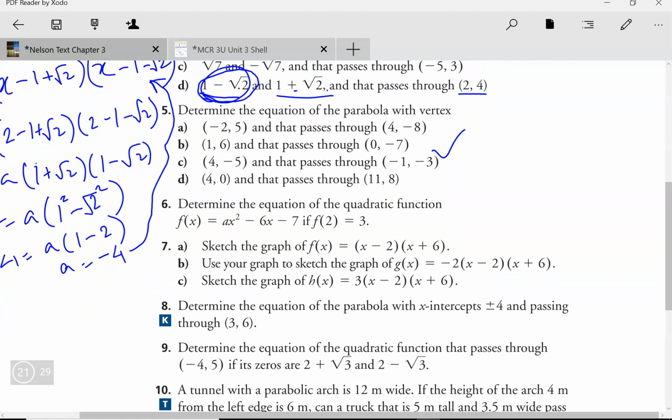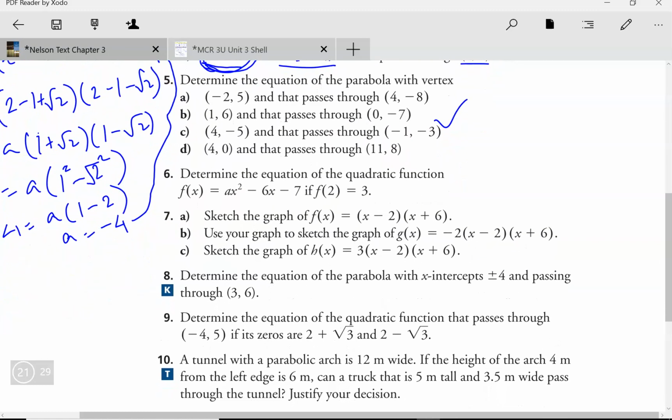We've done these. Determine the equation. Again, hopefully we're not confused with this kind of writing. f of 2 equals 3. That means if x equals 2, y equals 3. That's what this means, and y here being f of x, right? That's what this notation means. f of 2 equals 3 means if I sub in the value of x as 2, this entire thing here becomes equal to 3.